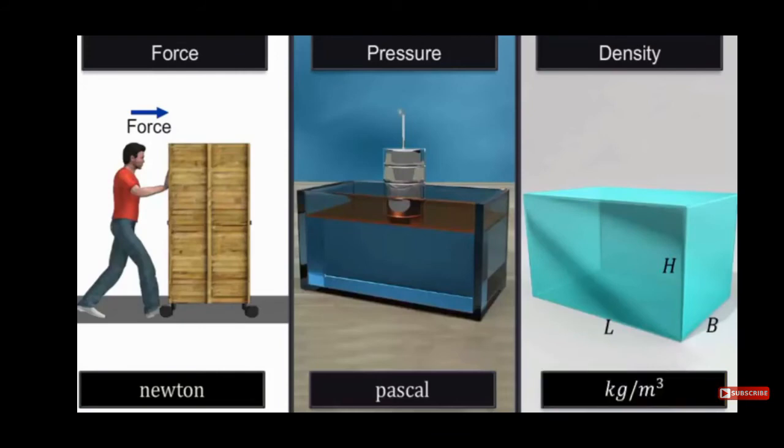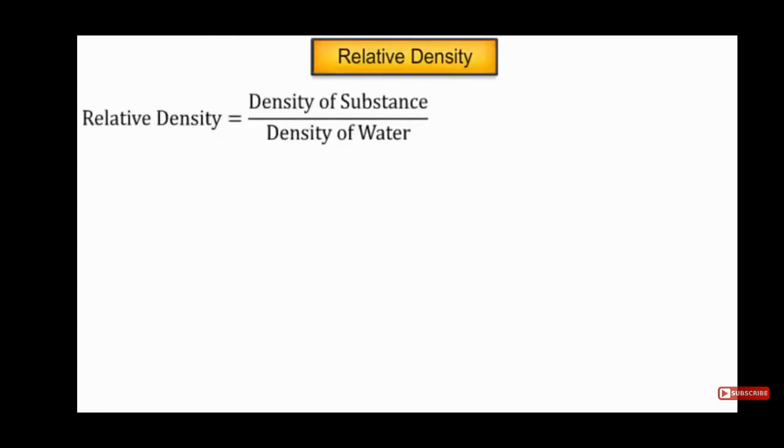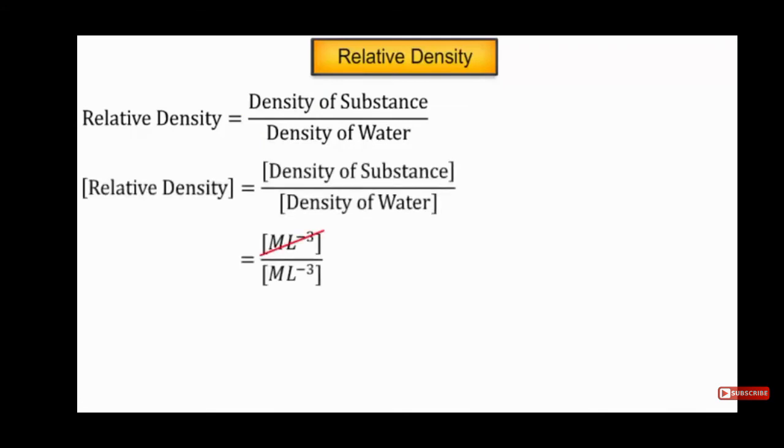But there are certain derived physical quantities that do not have units. For example, relative density is the ratio of the density of a substance to the density of water. As it is the ratio of 2 identical quantities, it does not have any unit. Therefore, the quantity relative density does not have any dimensional formula.